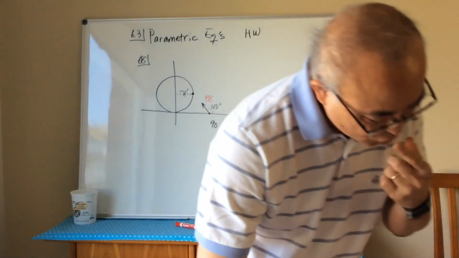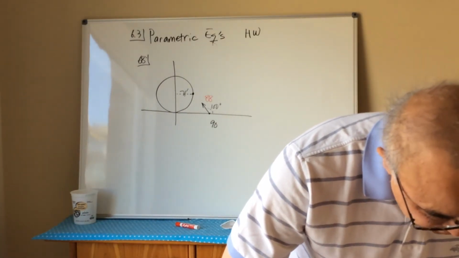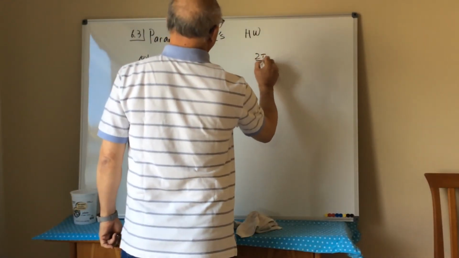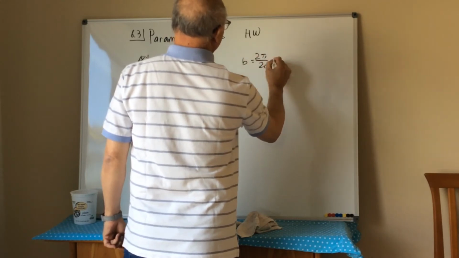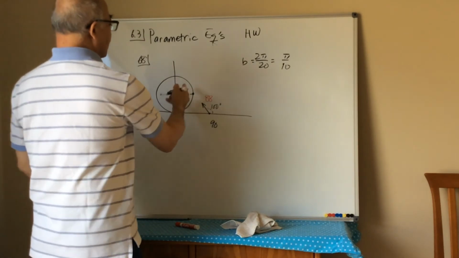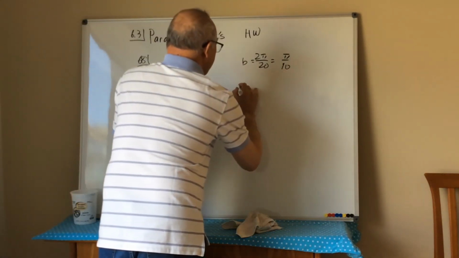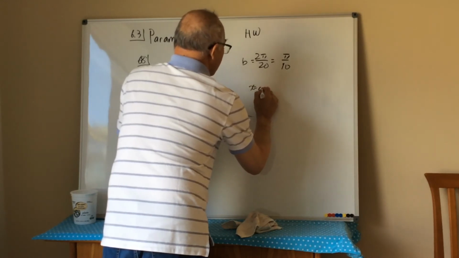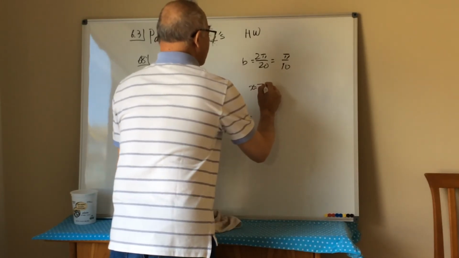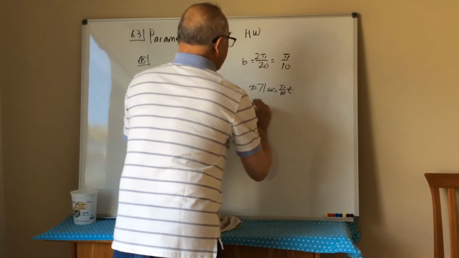It's one revolution every 20 seconds, so we have to find the B value for that. So the B value is going to be what? 2 pi divided by 20 seconds. You get pi over 10. For the wheel, x is going to be 71 cosine pi over 10t.